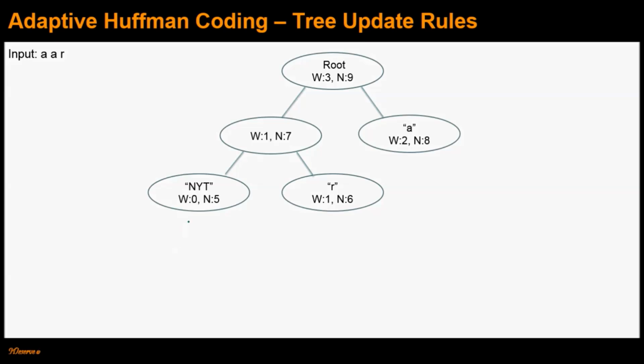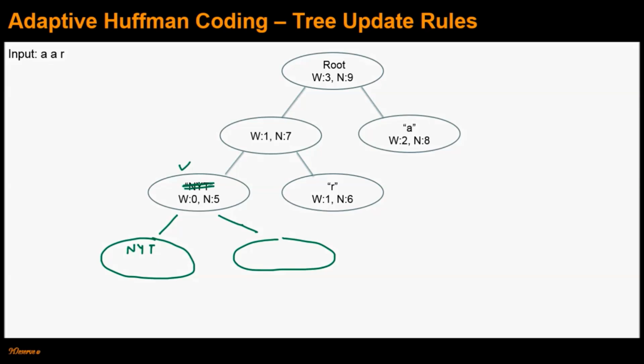Okay, now let's say that our next input character is character D. The character D is not present in the tree. Therefore, we spawn the old NYT node into two nodes. So two nodes are created from this NYT node. The left node will be marked as the new NYT node. This node will no longer be the NYT node.